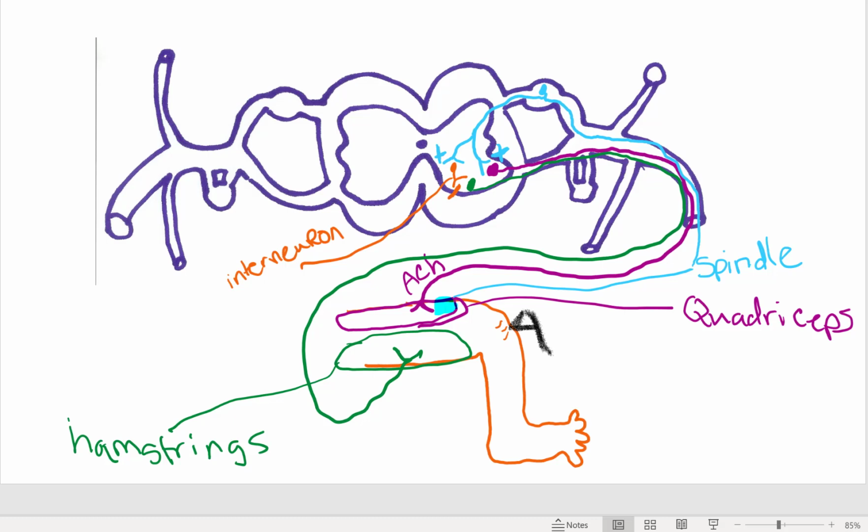We would want this to happen because the hamstring muscle group is an antagonistic muscle group to the quadriceps. If the quadriceps are contracting during this knee-jerk reaction, we would want the hamstring muscle group to be inhibited, to stay relaxed.